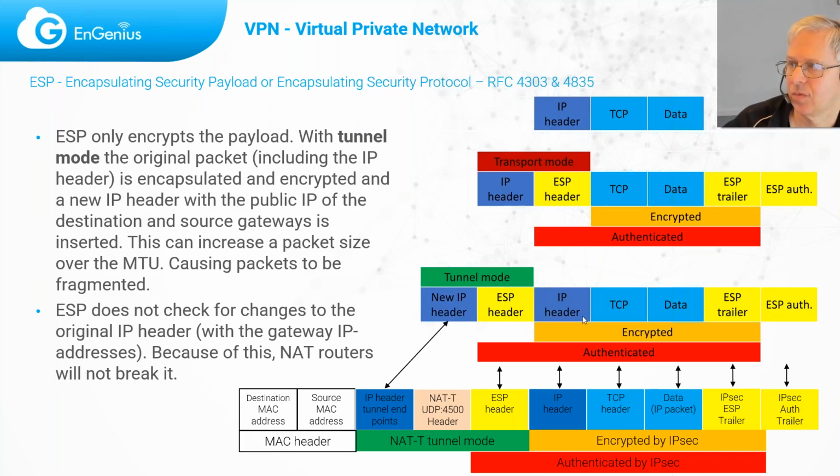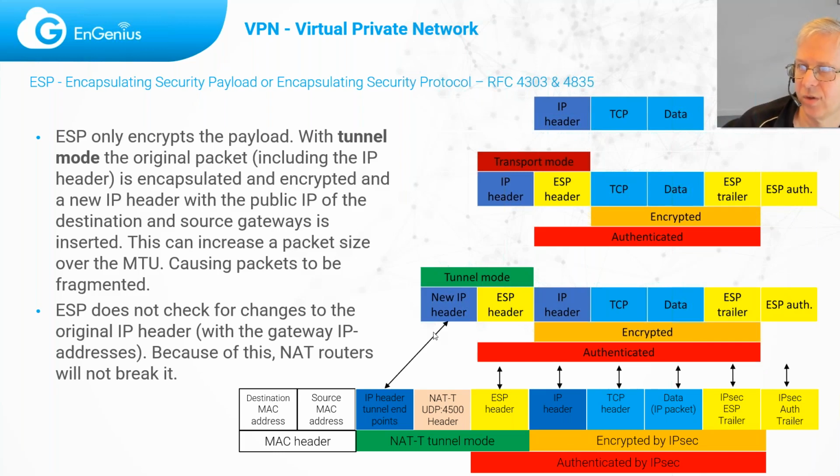And again, you will only encrypt the data part and authenticate it from the ESP header on. So this part needs to be intact on the other side, and then it's okay.